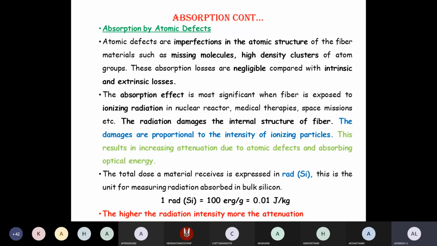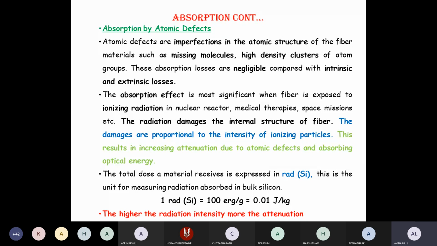Whatever radiation is happening, the radiation damages the internal structure of the fiber. The damages are proportional to the intensity of ionizing particles. This results in attenuation due to atomic defects and absorbing the optical energy.